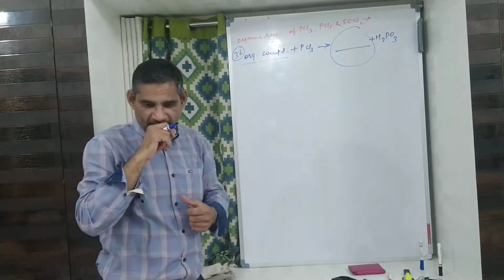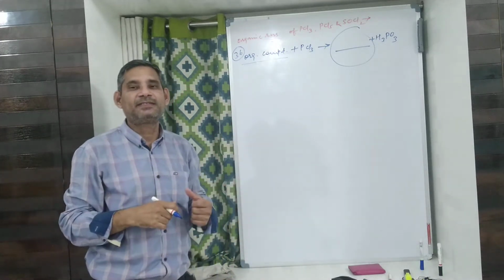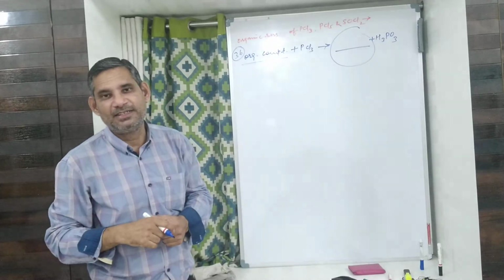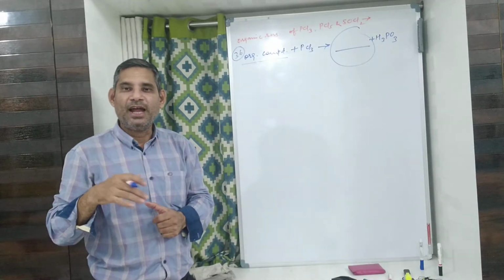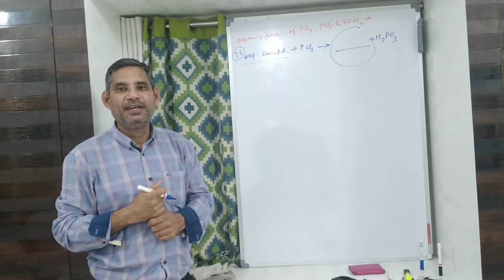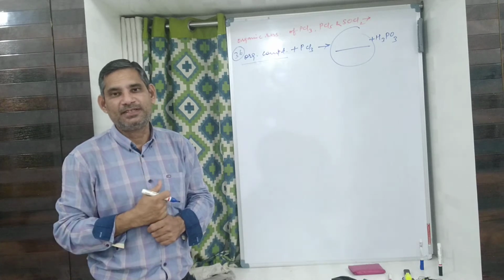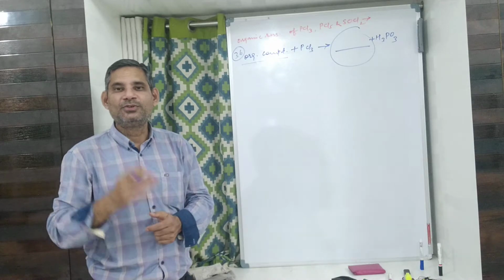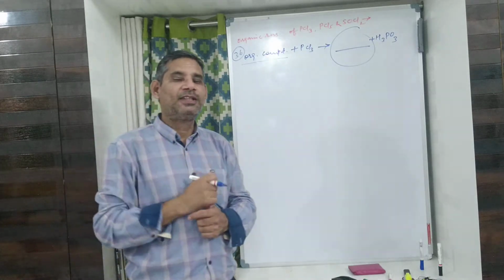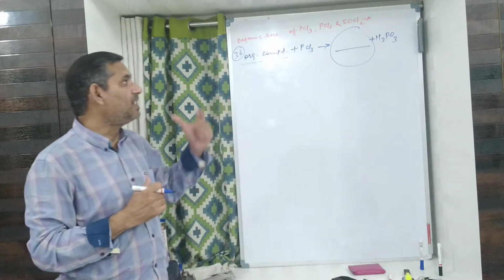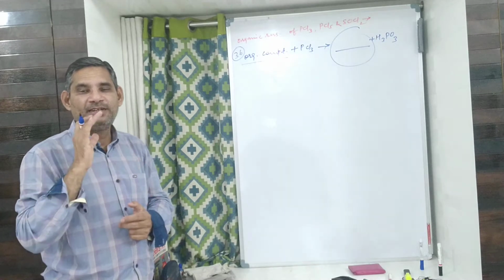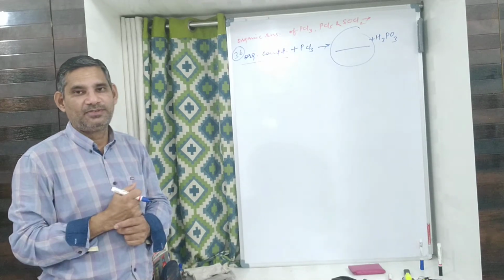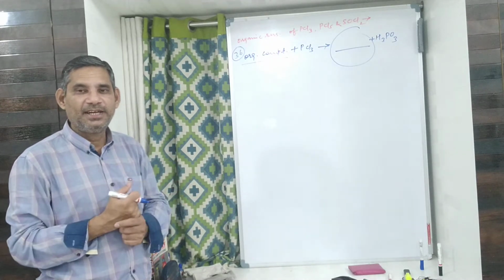If it is alcohol, then 36. If it is ether, then 36. If it is aldehyde, then 36. If it is carboxylic acid, 36. Phenol, 36. So in entire organic chemistry, such reactions will be there hundreds of times, again and again, everywhere.